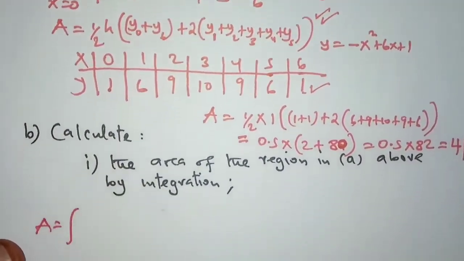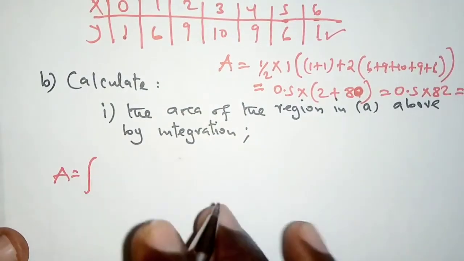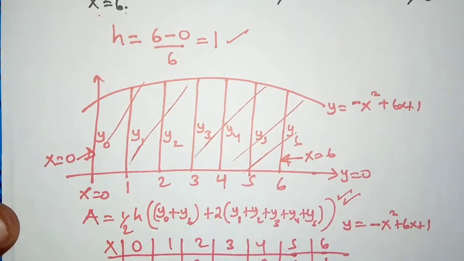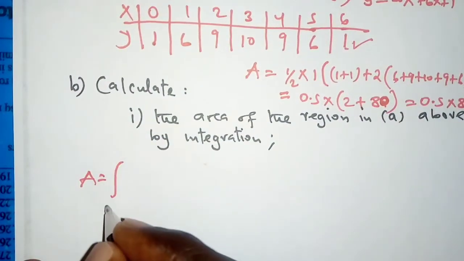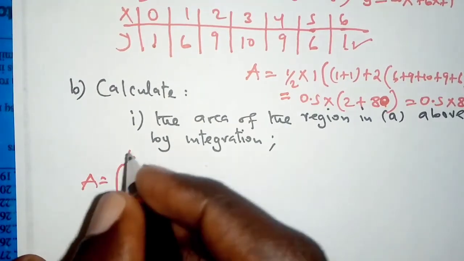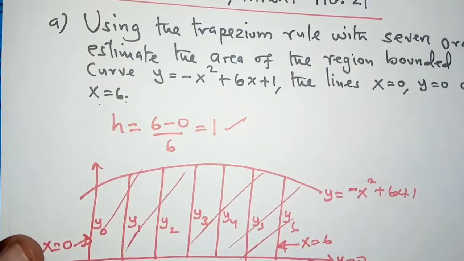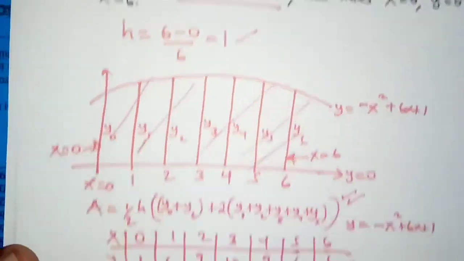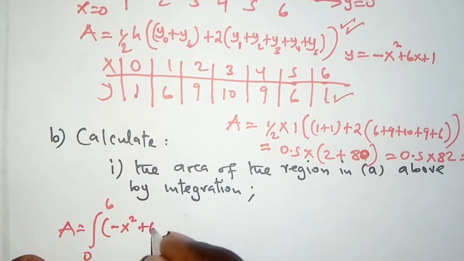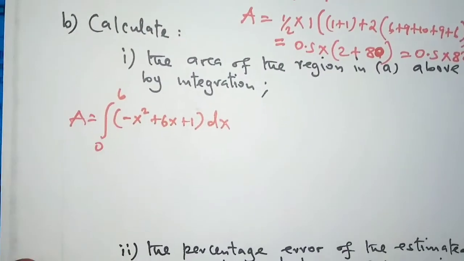At this point, in order to get the area by integration, we're going to integrate from the value of x is 0 up to the value of x is 6. So we begin from 0 to 6 for the values of x. And we are going to integrate this function, negative x squared plus 6x plus 1, with respect to x.